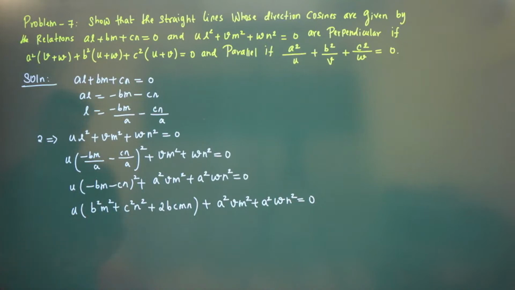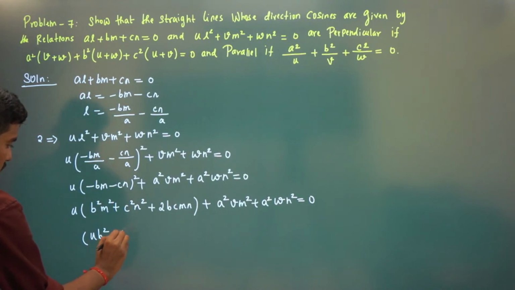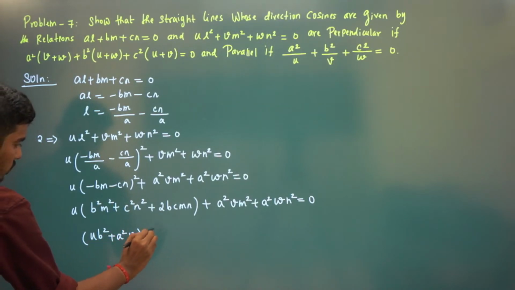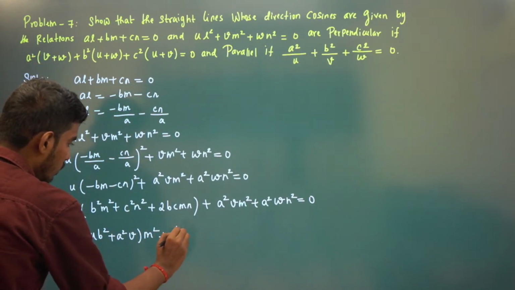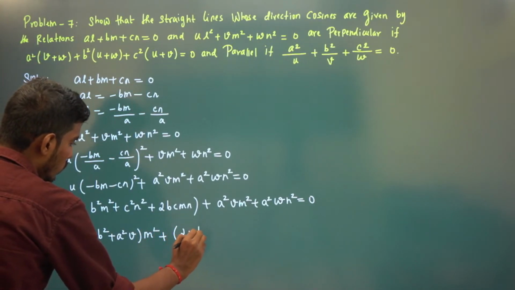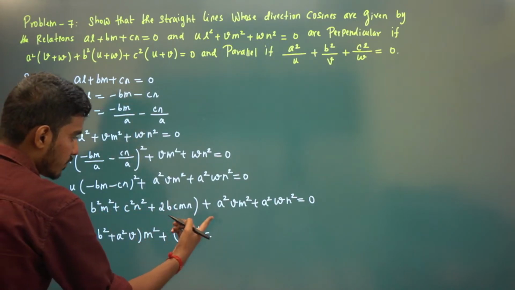Let us multiply this inside and let us take M square outside, right? So if I take M square outside, we have UB square plus A square V into M square. And if I take MN outside, we will have 2UBC.